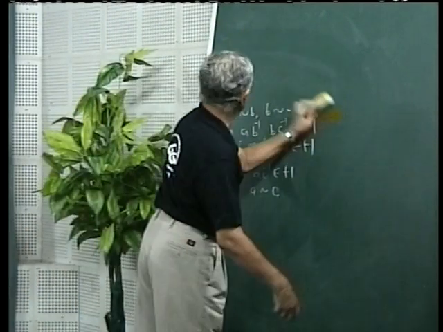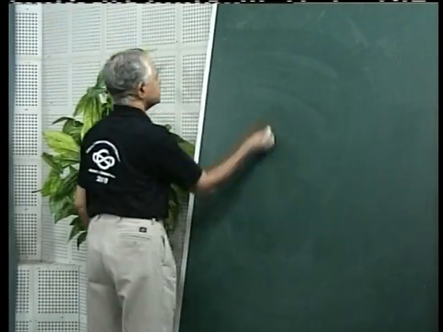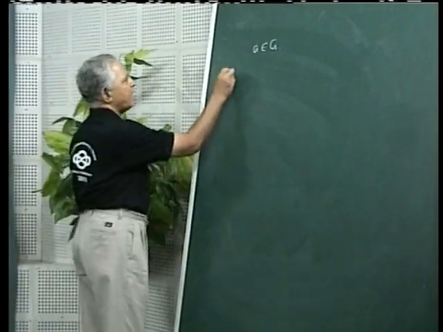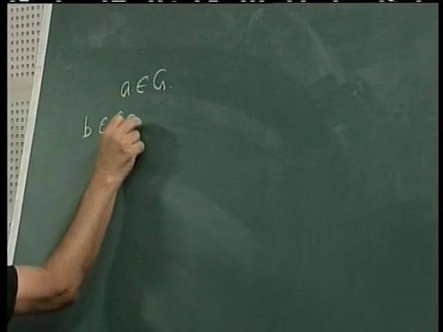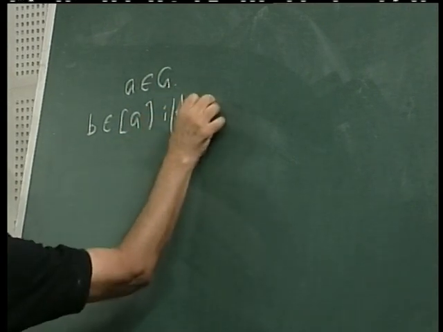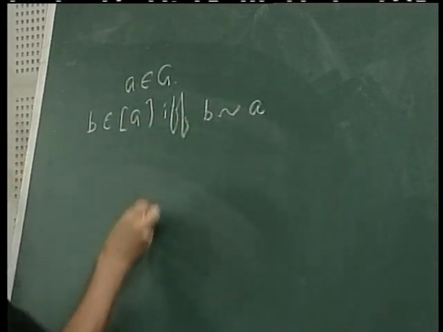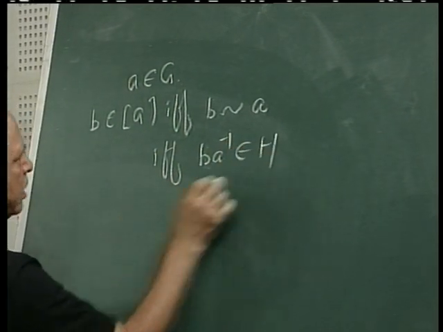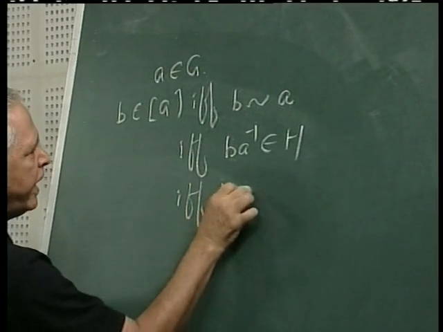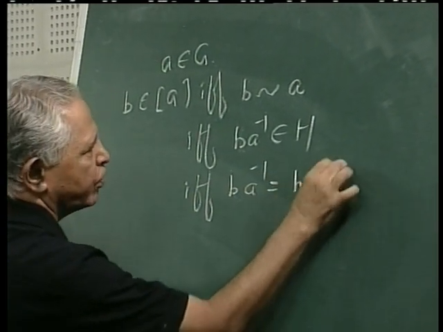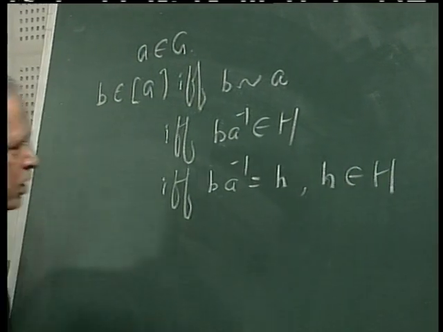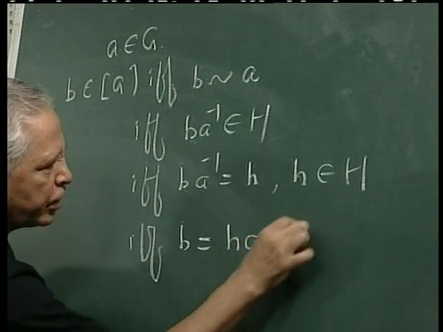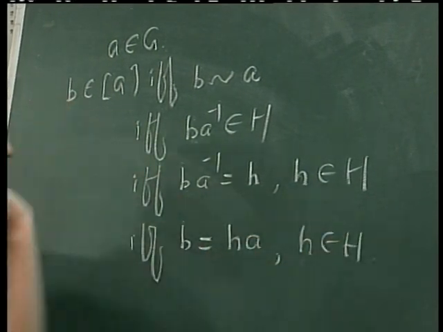For that, let us take one element A belonging to G. Then element B belongs to the equivalence class of A if and only if B is related to A, if and only if B A inverse belongs to H, if and only if B A inverse is equal to h for some h belonging to H, and that is equivalent to B being equal to h A for some h belonging to H.